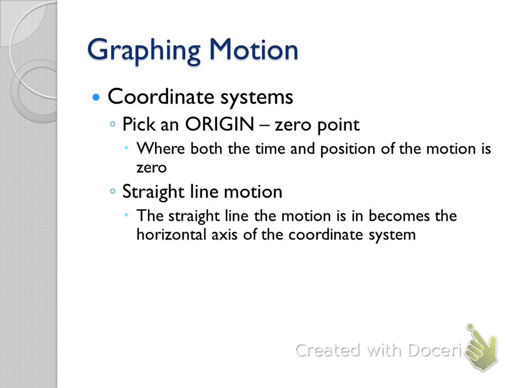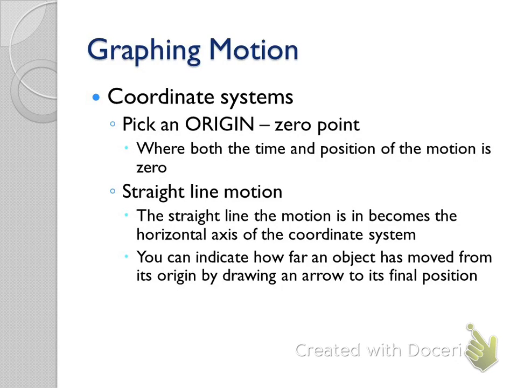Every point along that motion can be found on the x-axis. Okay, so we can indicate how far an object has moved from its origin by drawing an arrow to its final position. We can see basically how far it is from where it started just by using the ticks on the coordinate system or your motion diagram or whatever you're using to indicate that motion. Okay, so the x-axis is going to become basically our entire motion diagram in this straight line motion.